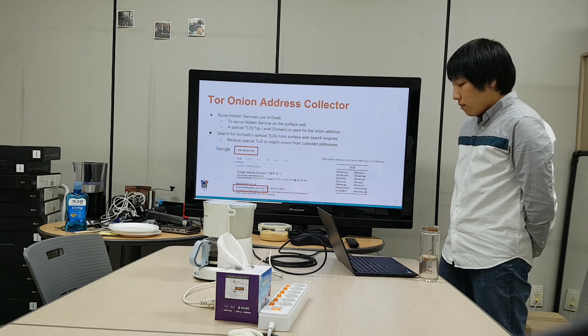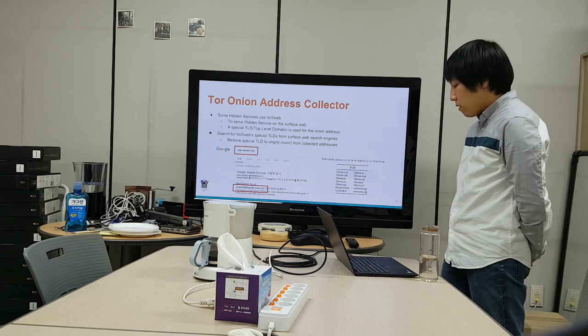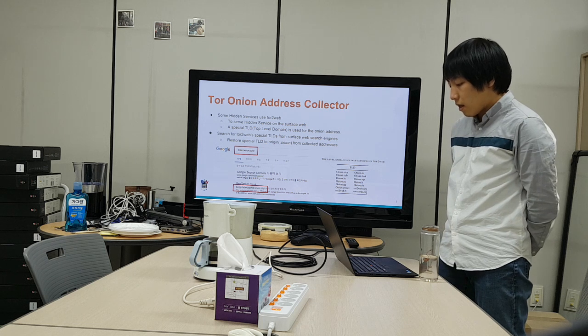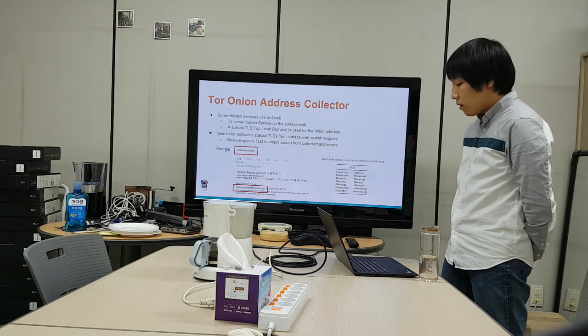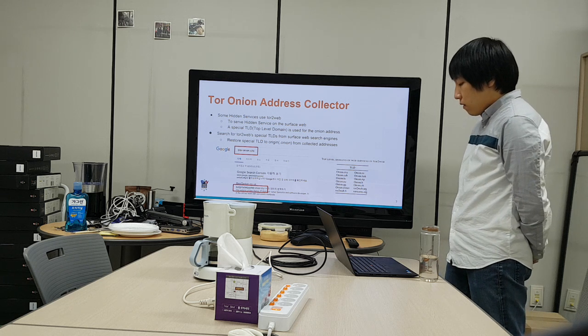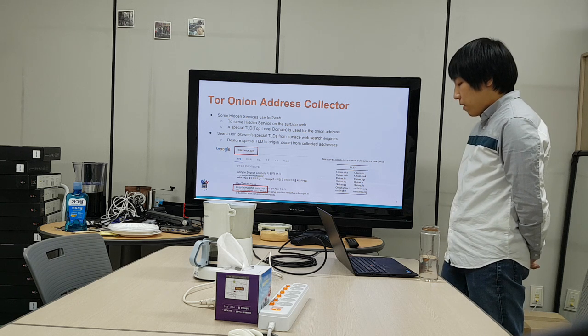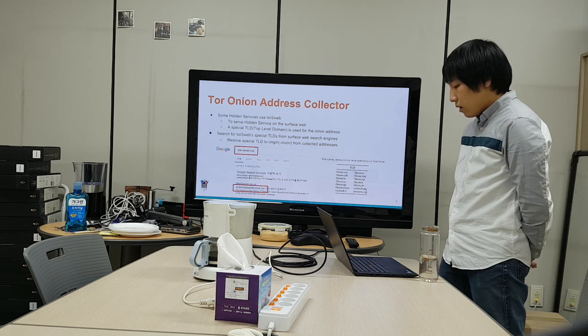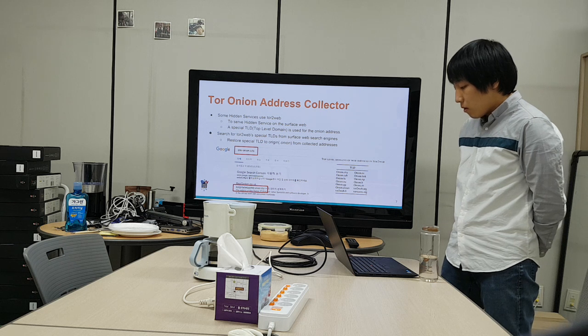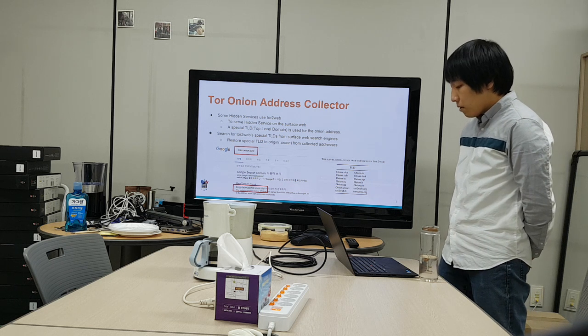With this, our system searches the special top-level domain from the search engine and collects onion addresses. The original onion address is obtained by restoring the special top-level domain from the collected onion addresses.